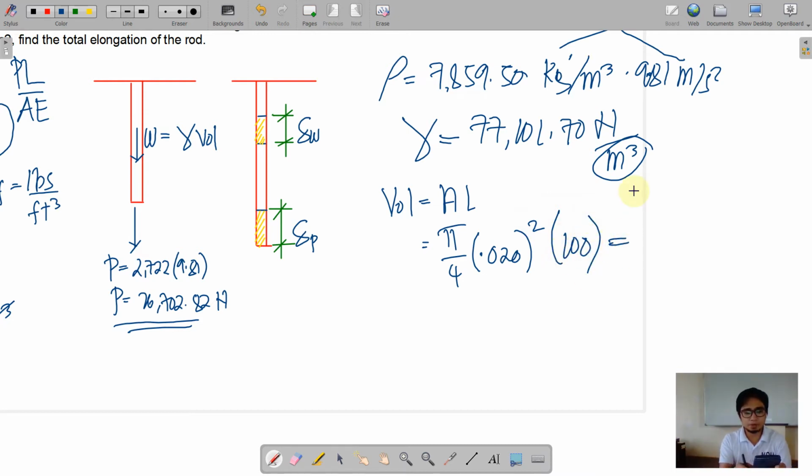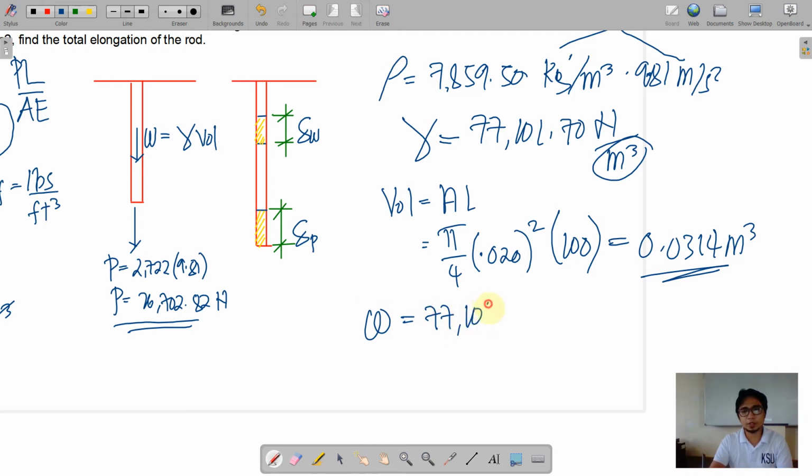So we have 0.0314 cubic meter. So finally, W is equal to 77,101.7.